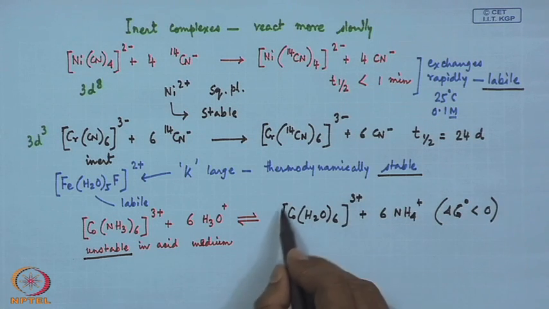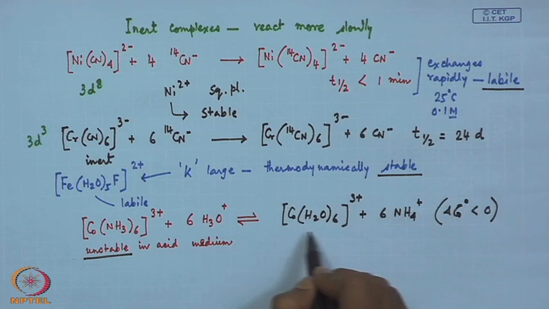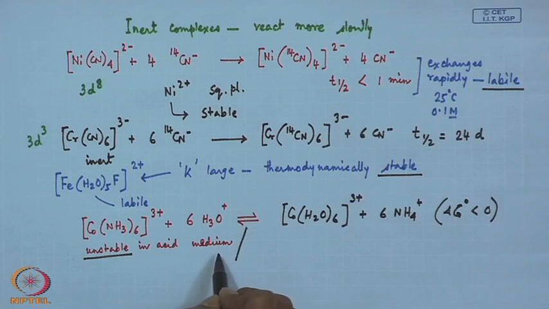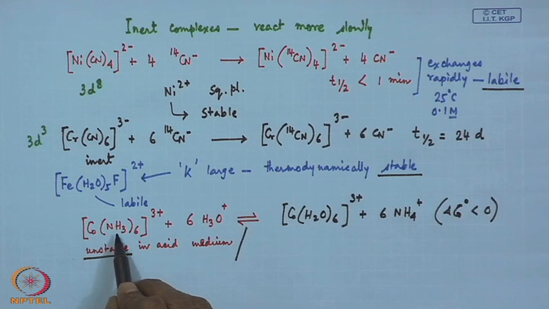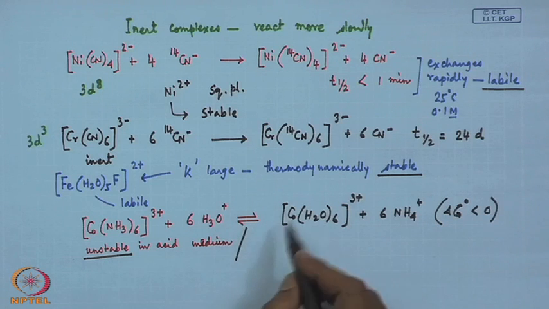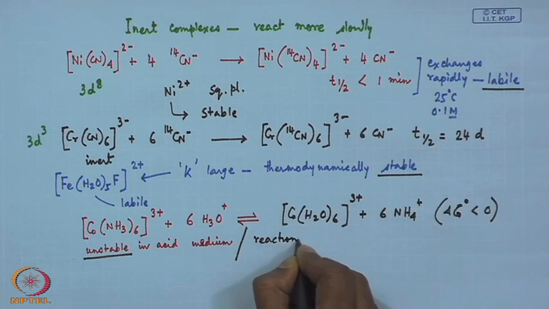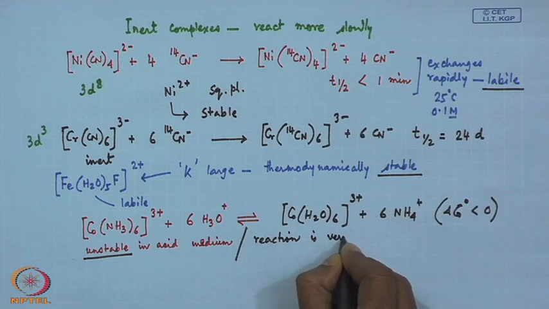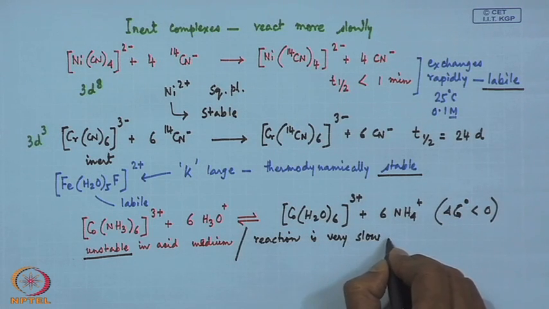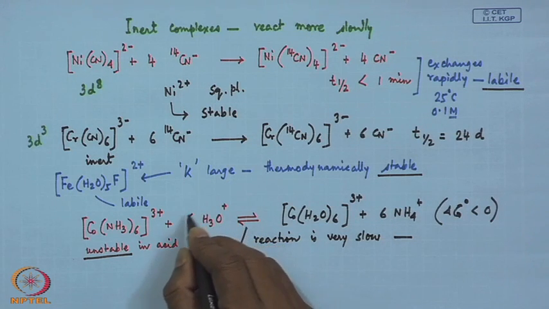So, slowly it can form the corresponding hexa-aqua compound, but it is unstable in acid medium, which gives us the idea that it will decompose slowly with the acid, but the reaction is very slow. It is reacting slowly with the acid available in the medium.